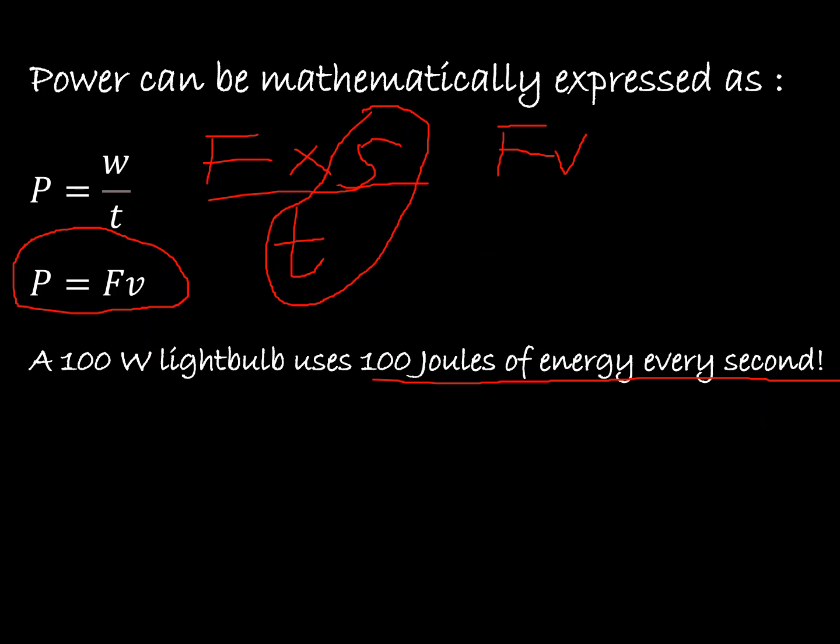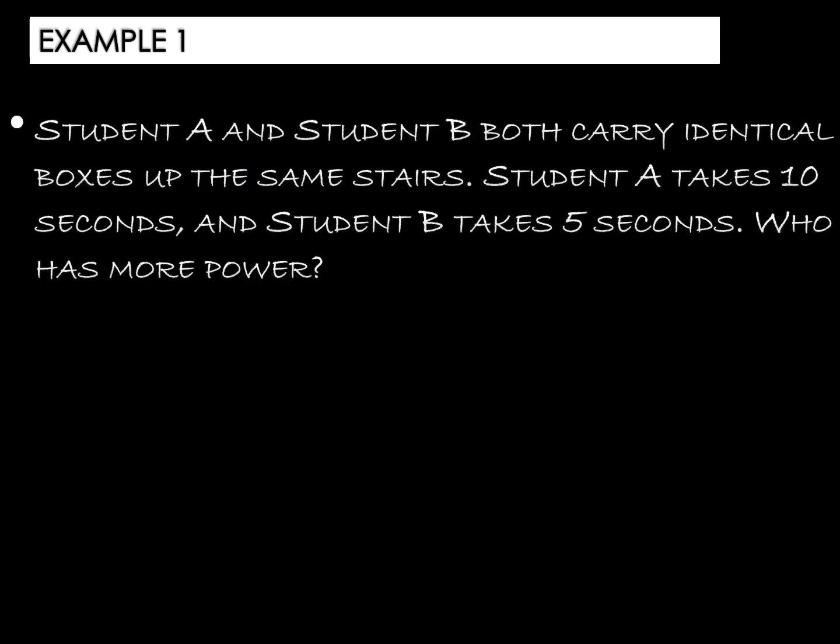So let's take our first example. Student A and student B both carry identical boxes up the same stairs. Student A takes 10 seconds and student B takes 5 seconds. Who has more power? They have done the same work because they carried the same box through the same distance up the stairs.